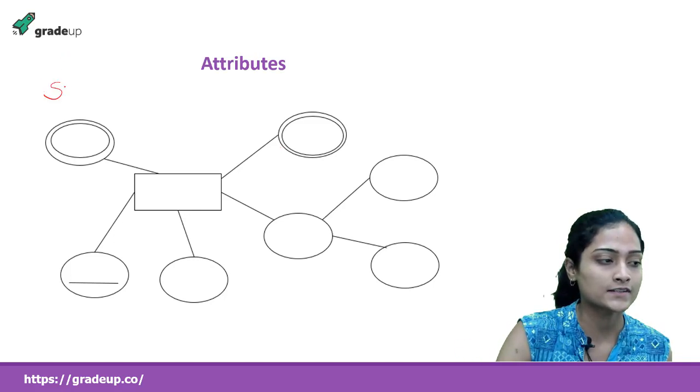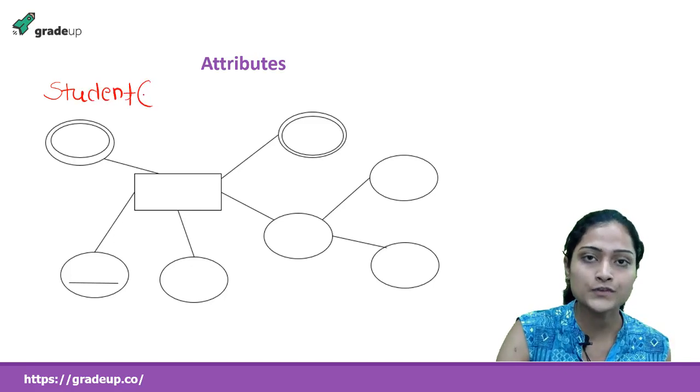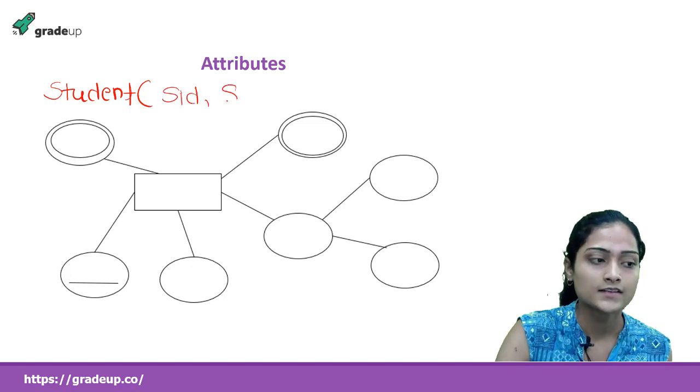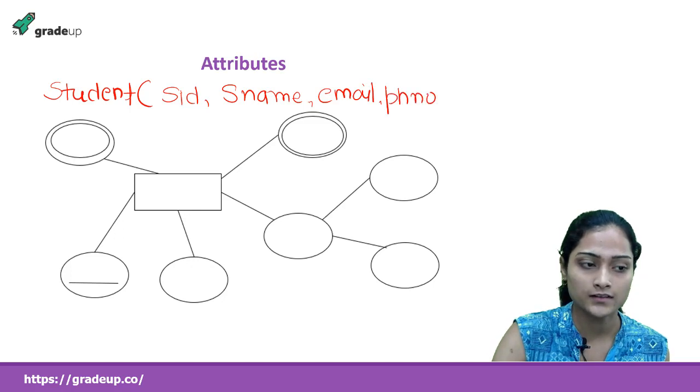Suppose we have a student relation, and the attributes or the data which we want to store about the students are student ID, student name, email, phone number, and so many things, like you can store Aadhaar number also.